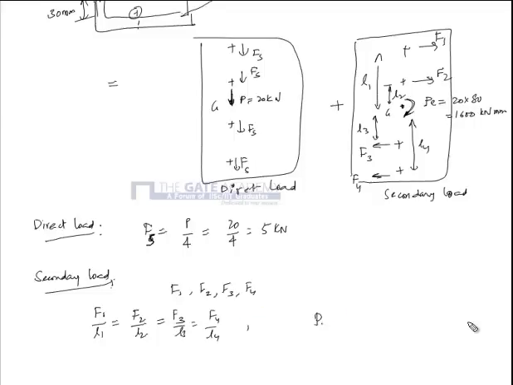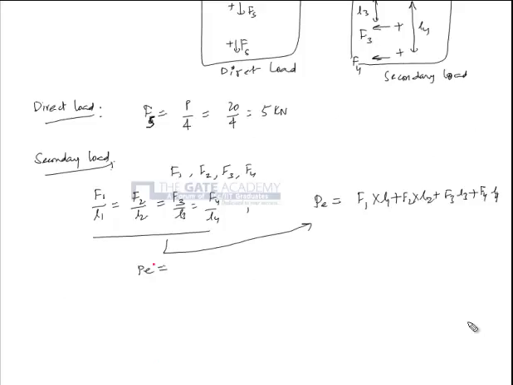The other is that PE, the total moment, has to be equal to the effective moment produced by F1, F2, F3, F4. That is F1 into L1 plus F2 into L2 plus F3 into L3 plus F4 into L4. Now I'll use all this to find F1.